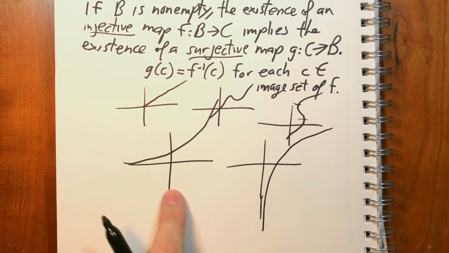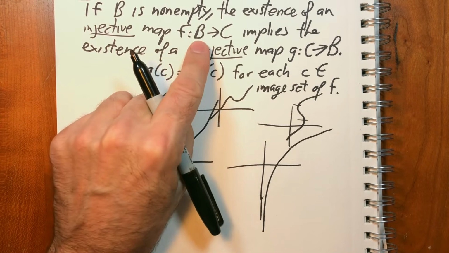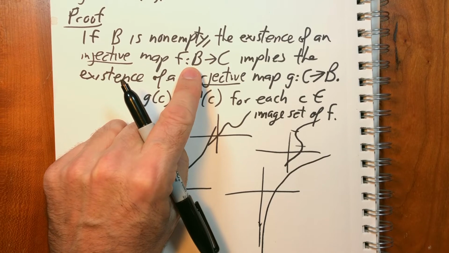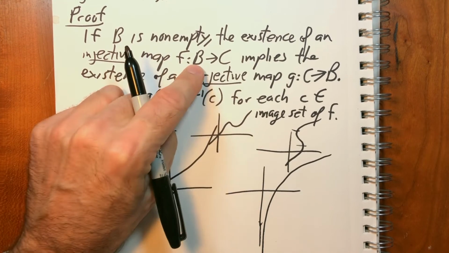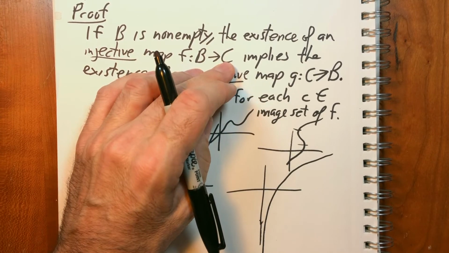We might not be using the entire domain in order to cover everything in the range. That's not important. It doesn't matter what else is going on in the function. What matters is that every value in the range is mapped to by at least one element in the domain. We know that because this is the inverse of the injective function.